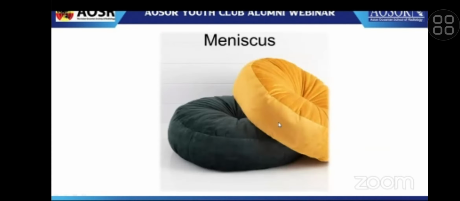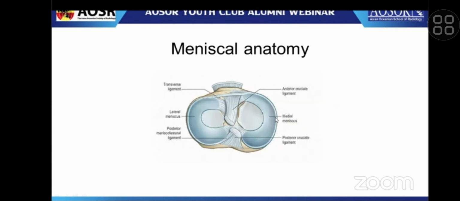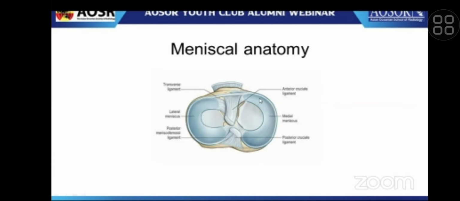So let's go through the meniscus. The meniscus is a wedge-shaped, crescent-shaped structure of fibrocartilage located on the tibial surface. It has the medial meniscus and the lateral meniscus, and each meniscus is composed of the anterior horn, body, and the posterior horn. The anterior horn and posterior horn attach to the central part of the tibia by the roots.